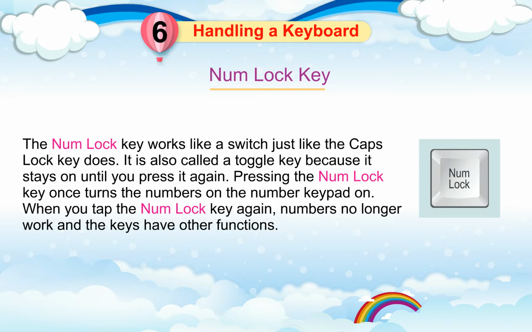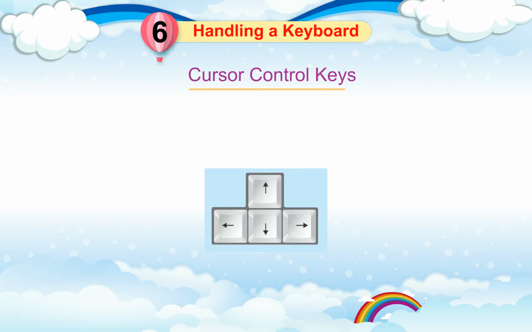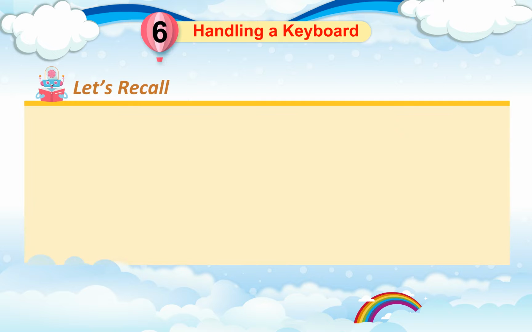When you tap num lock key again, the numbers no longer work and the keys have other functions. Cursor control keys. These keys allow you to move around, up, down, right, left in a document without the mouse. These keys are helpful when you need to move the cursor around in text in a document.